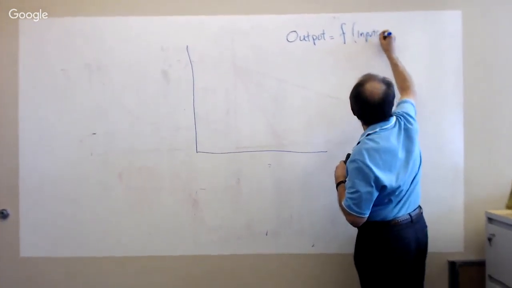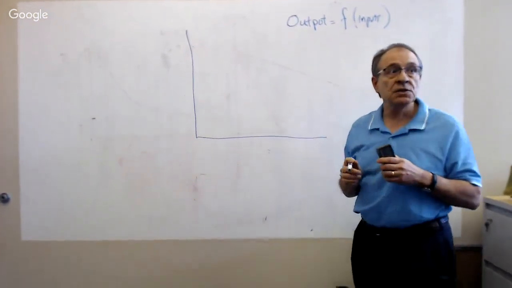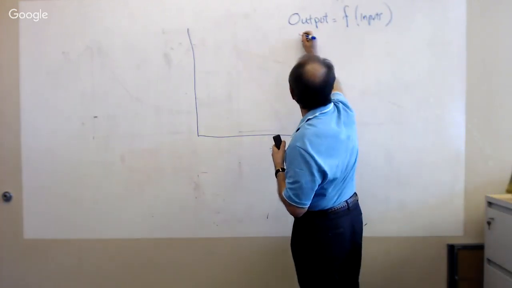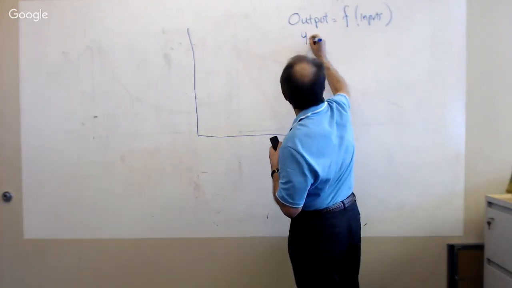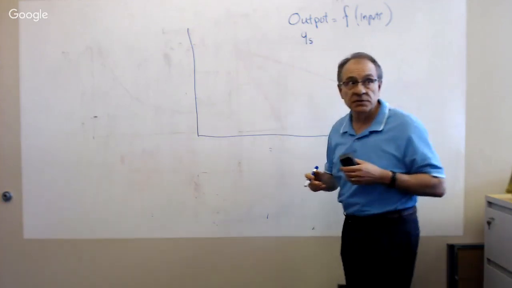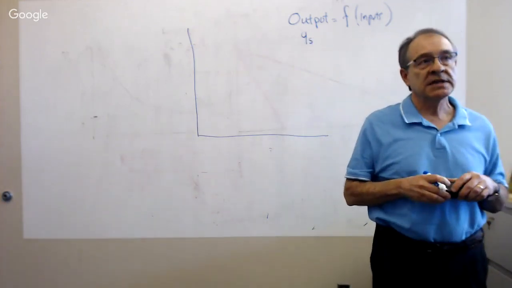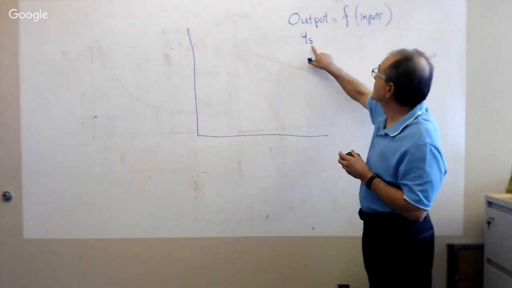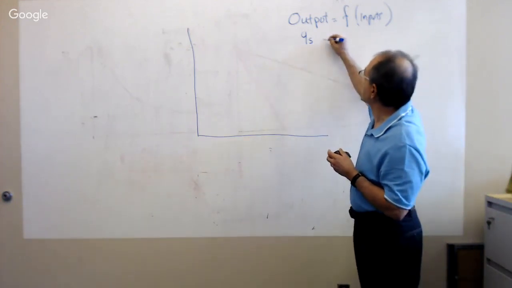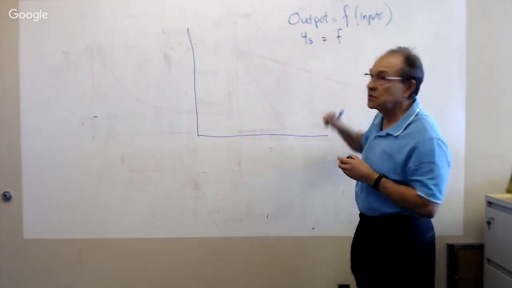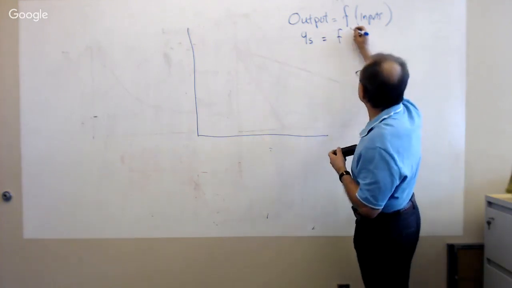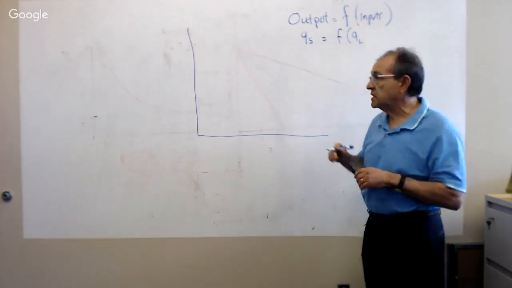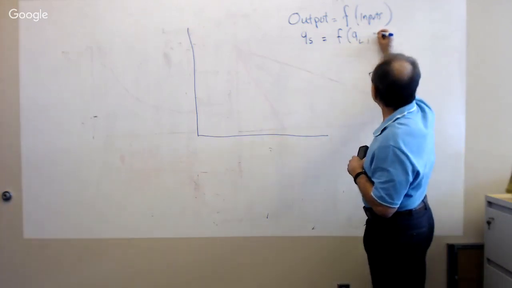As a function of the inputs. And to make things easy, let's assume that there's only two inputs. And let's talk about, say, the output of sugarcane. If you recall, that was one of the examples that we've used about Mario who owns a sugarcane plant. So sugarcane output is a function of the quantity of labor used on the farm and the quantity of capital.